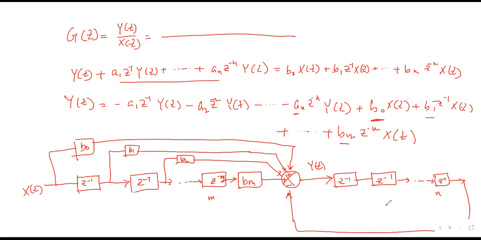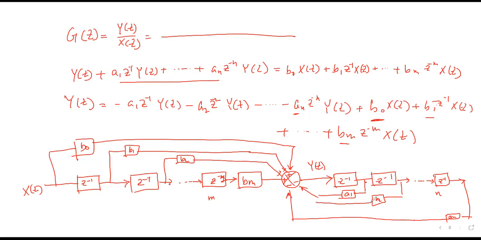The first one is multiplied with a1, and the second one with a2. The rest of them will be in between.